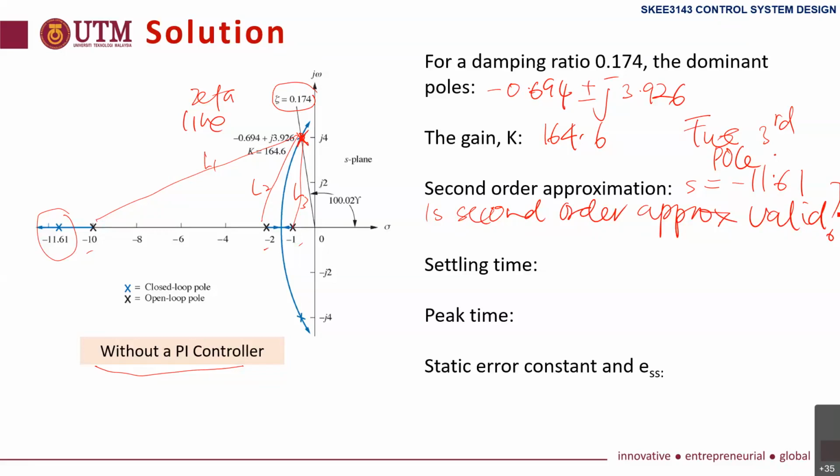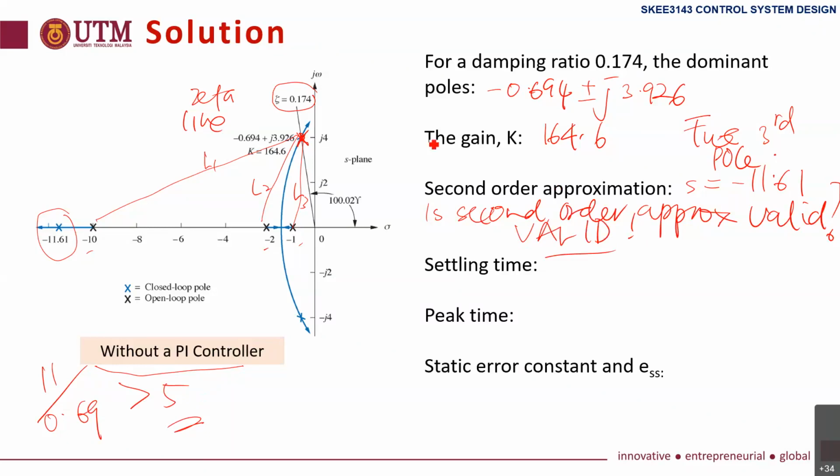We check the dominant pole and the third pole. It is actually 11 divided by 0.6, 9 is more than 5. So the second order approximation is valid because the distance is more than 5 times.